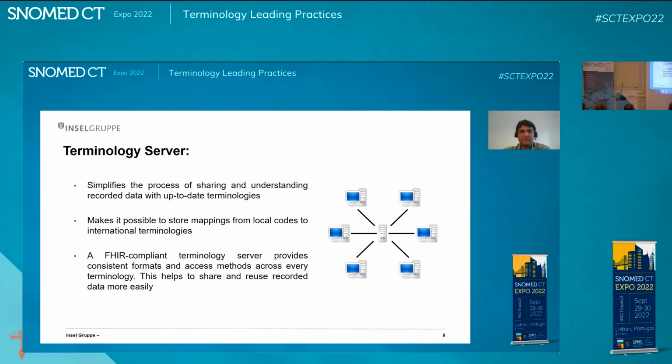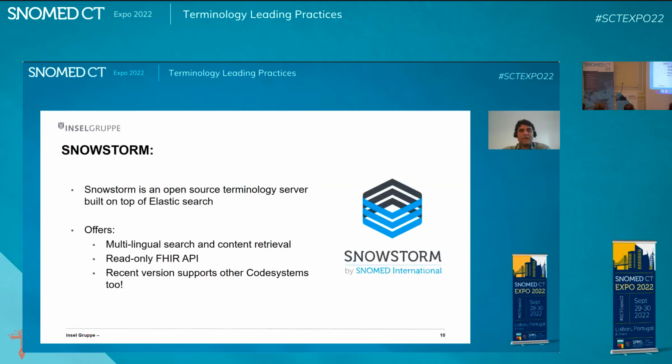When we talk about terminology servers, Snowstorm is a FHIR terminology server which is developed by SNOMED International. It is an open source terminology server built on top of Elasticsearch. It offers multilingual search and content retrieval, and it has a read-only FHIR API.